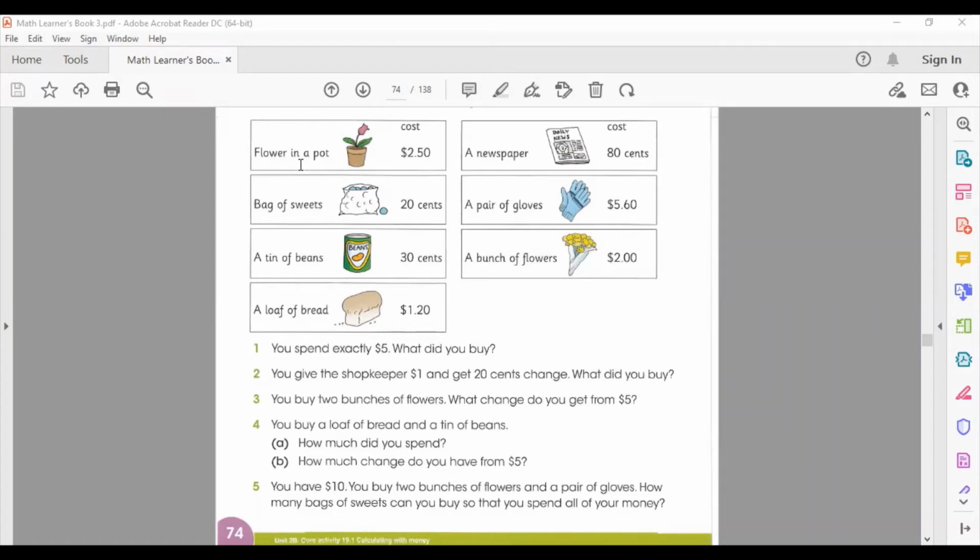If we buy two flours in a pot, it costs obviously $5, because 2.50 plus 2.50 equals 5. So we can write here, 2 flour in a pot.